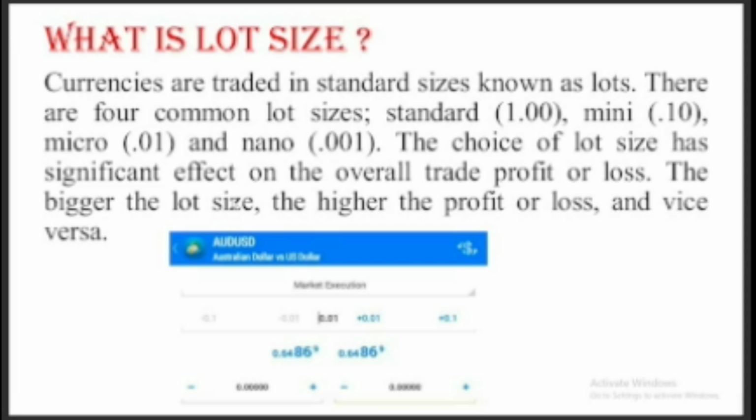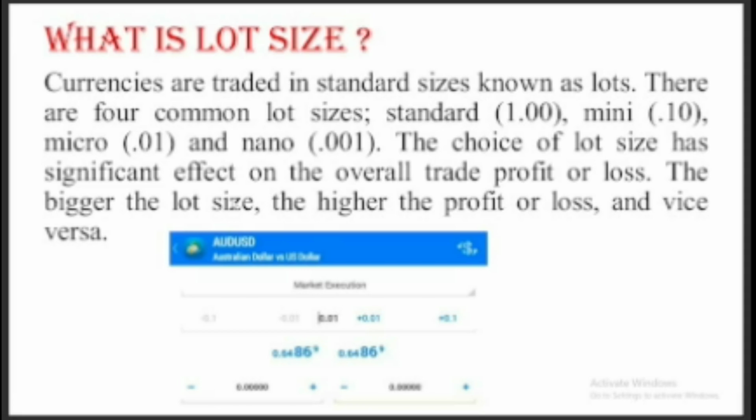The choice of lot size has a significant effect on the overall trade profit or loss. The bigger your lot size, the bigger your profit if the trade goes in your favor, but the bigger your loss if the trade goes against you.